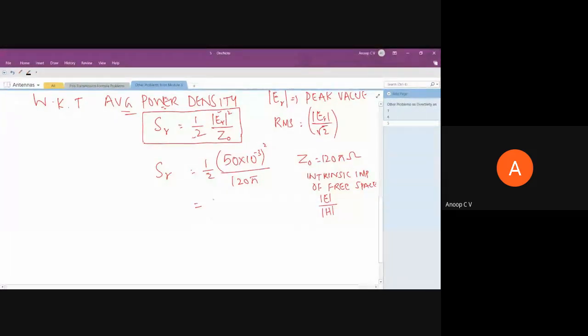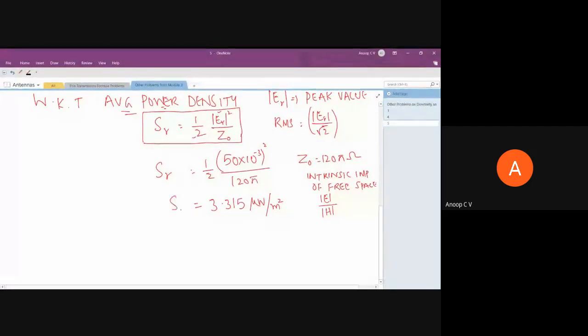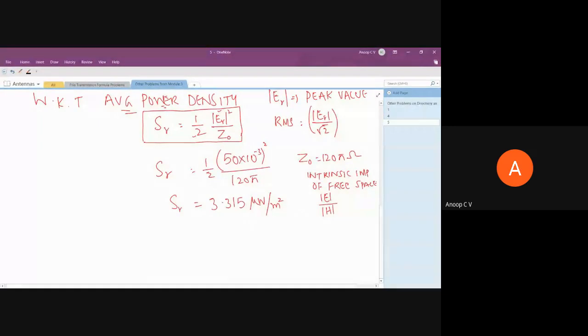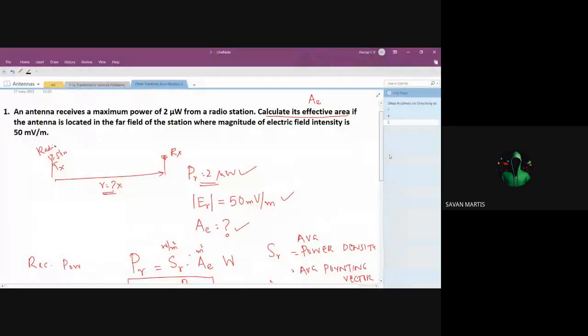3.315 microwatts per meter square. So SR is 3.315 microwatts per meter square. What is given? The received power PR is 2 milliwatts, or 2 microwatts? 2 microwatts, okay.